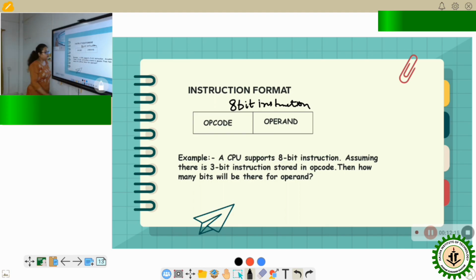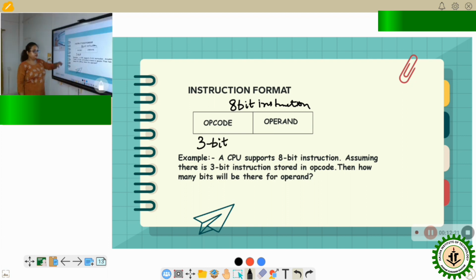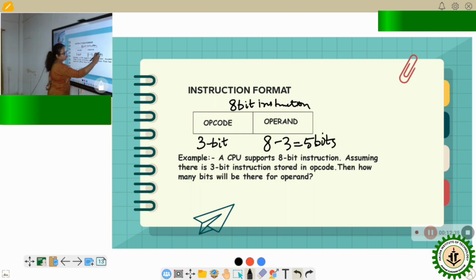That means here in the opcode we are having 3 bits. Now, how many bits will be there for the operand? 8 minus 3, that means 5 bits. So there will be 5 bits for the operand.